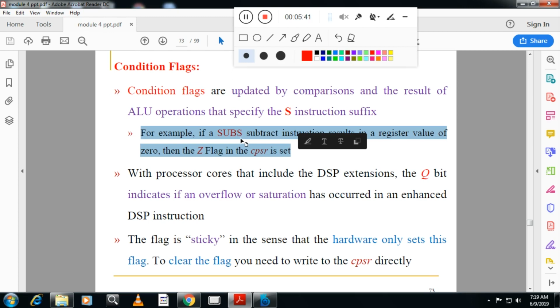So the S suffix is required. Whenever you put the S suffix, then only if the condition is met will it change the status of the flag register. Otherwise, the status of the flag register won't be changed. So please remember this one.